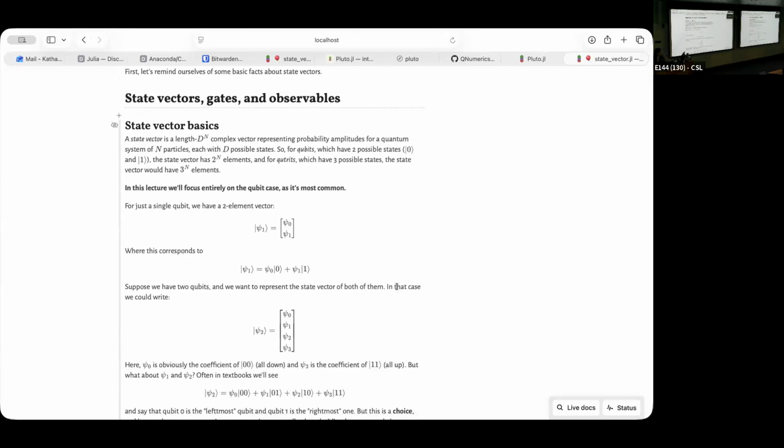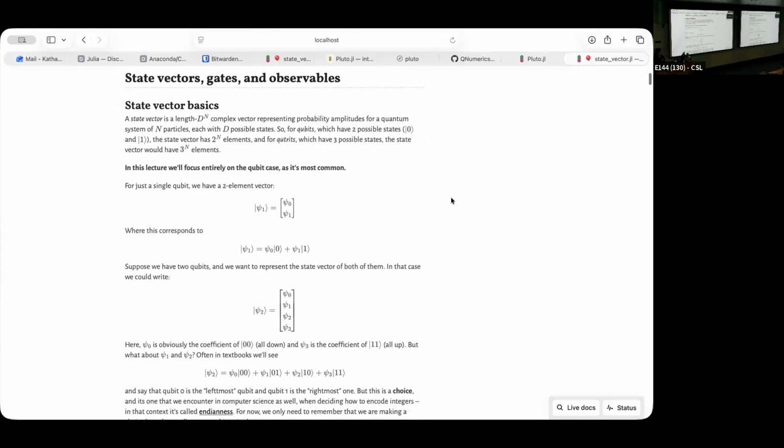So we're gonna remind ourselves of some basic facts about state vectors, or remind ourselves for the first time, maybe. So we're gonna claim that a state vector is a length d to the n complex vector, and it represents probability amplitudes for some quantum system of n particles, with each particle having d possible states.